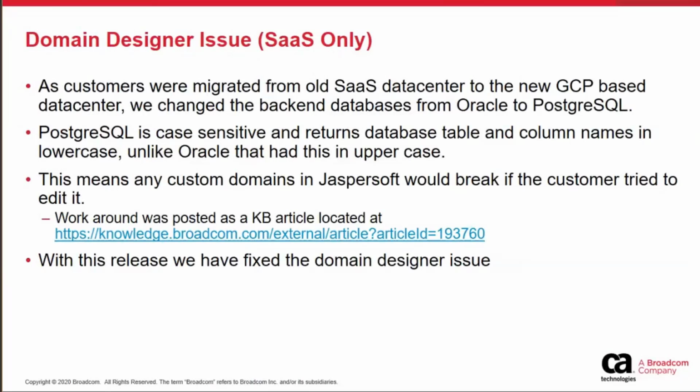Essentially, the root cause was that Oracle was returning database columns and tables in uppercase, and in Postgres, we were returning them in lowercase, and that's just how Postgres provides it. The detail for this is documented by our support team in the link provided here on the screen. The detail as well as the workaround is in that knowledge article.